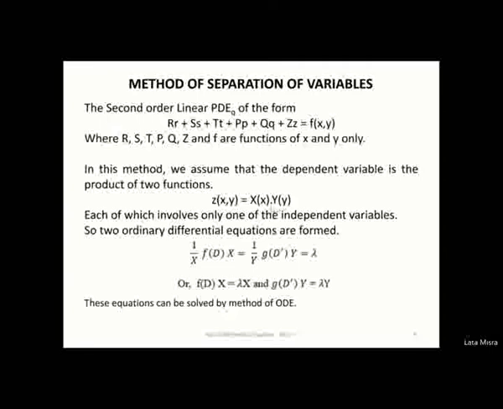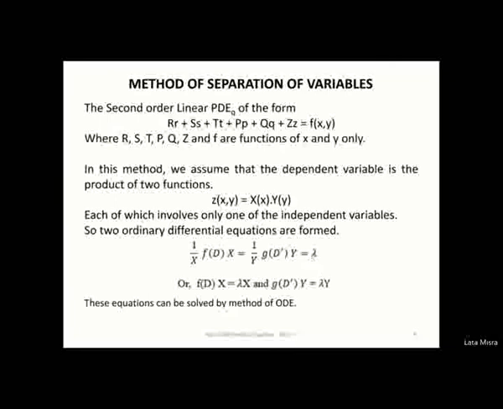We use z equals capital X into capital Y in the given partial differential equation, and when we simplify by partial differentiation, we get two equations, that is 1 upon X times d capital X equals 1 upon Y times d capital Y equals lambda.